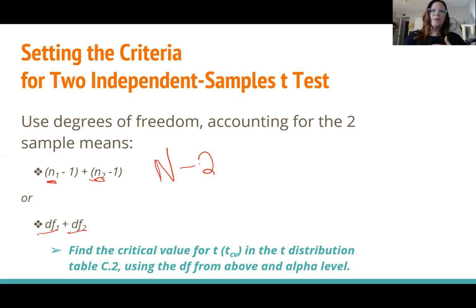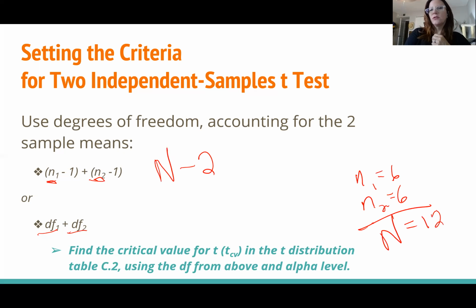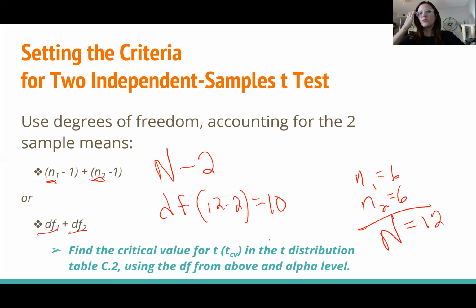So if I had n1 equals 6 in group 1 and n2 equals 6 in the second group, my capital N in this case would be 12. So my degrees of freedom would be 12 minus 2, which is 10 for this independent t-test. So you need to combine the degrees of freedom for the two groups. Capital N in this case doesn't talk about population size.